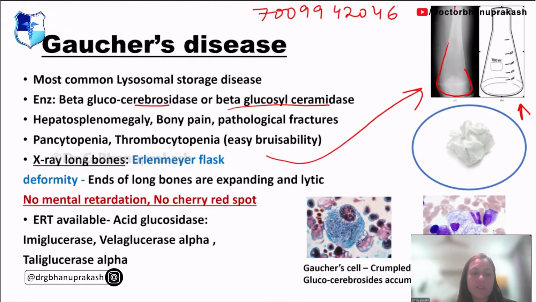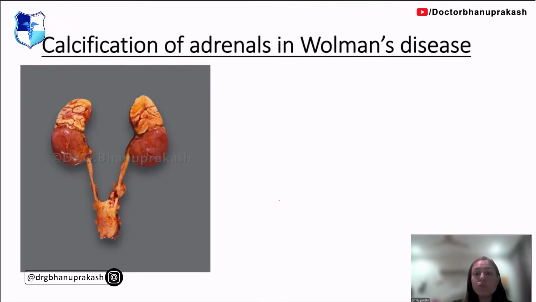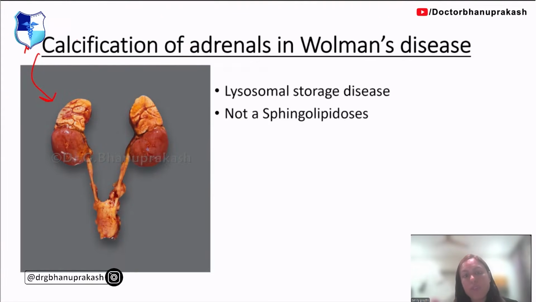And very characteristic is the crumpled tissue paper appearance of the Gaucher cell. Okay, tissue paper appearance. Then coming to the next lysosomal storage disease, that is Wolman's disease. The typical feature is calcification of adrenals. It's a lysosomal storage disease, but not a sphingolipidosis. Be careful, it's not a sphingolipidosis.